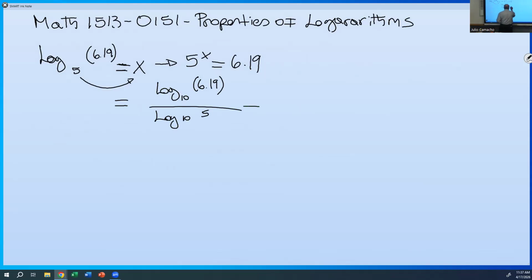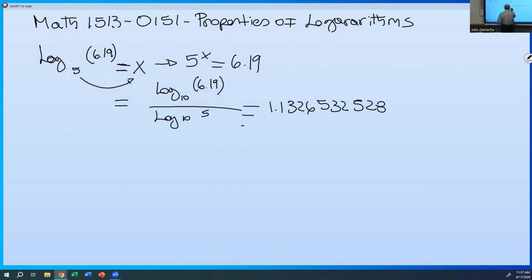And then you put this in your calculator as I did before, and the number that they will give you is 1.326532528. And in this one, they are asking to keep 4 decimals.